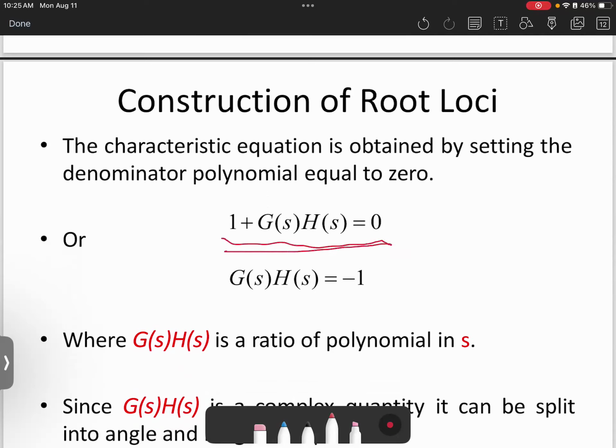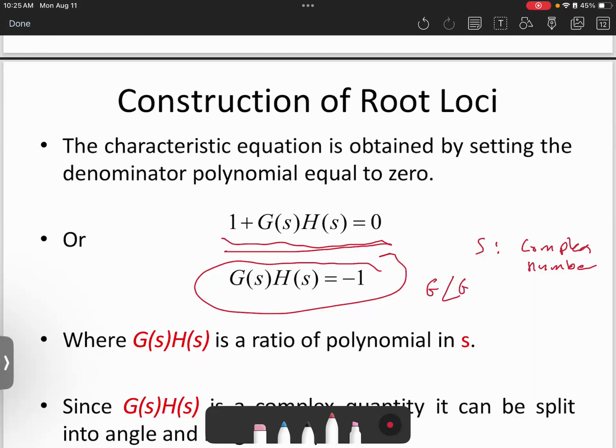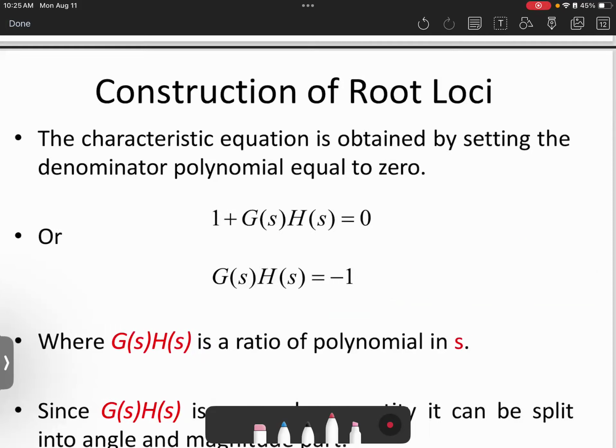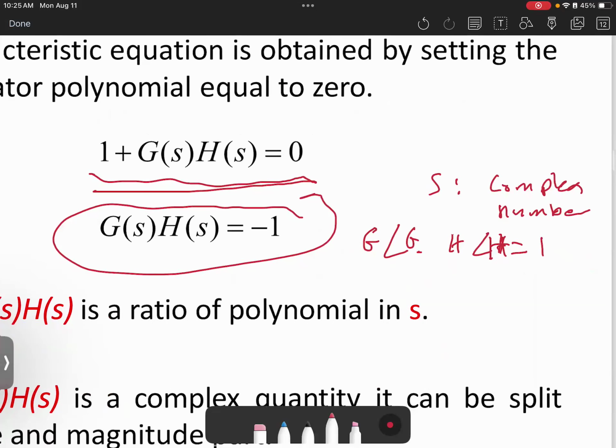1 plus GH equal to 0. Therefore, G of S times H of S equals -1. Since it's -1 and we know S is a complex number, in polar coordinates we have magnitude G angle G times magnitude H angle H equals -1, which is basically 1 angle 180 degrees.